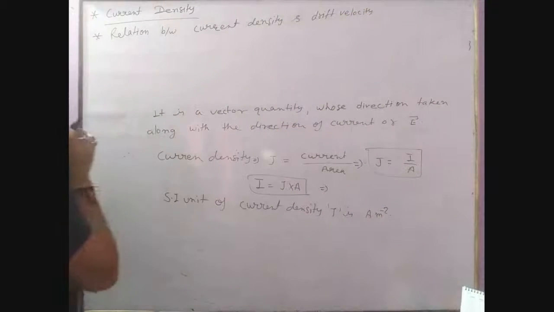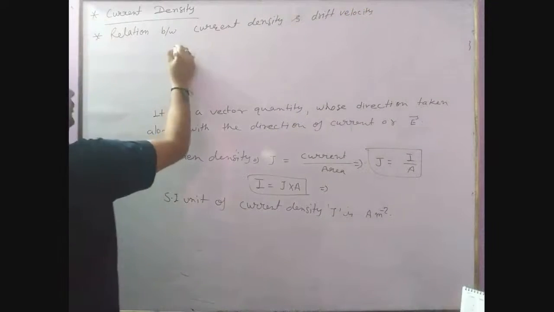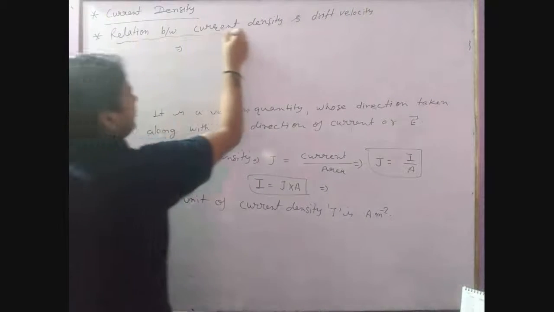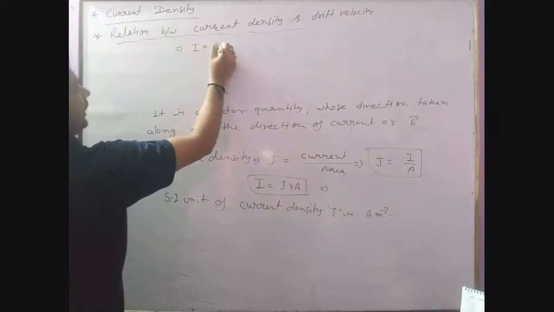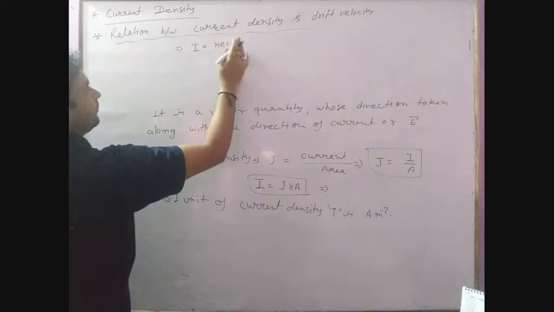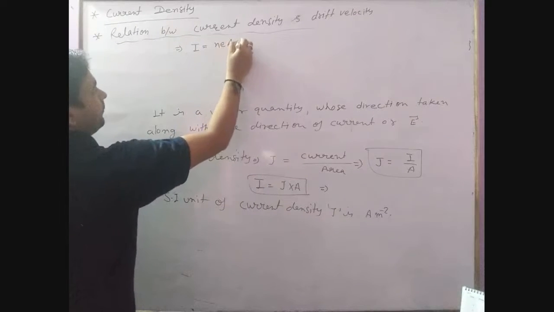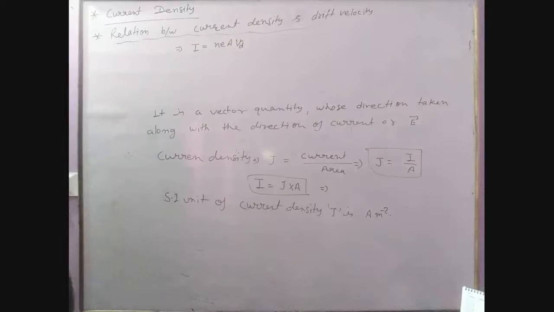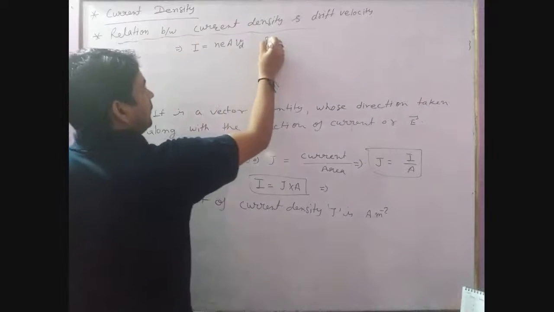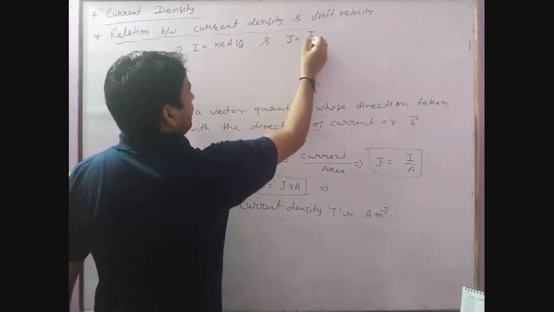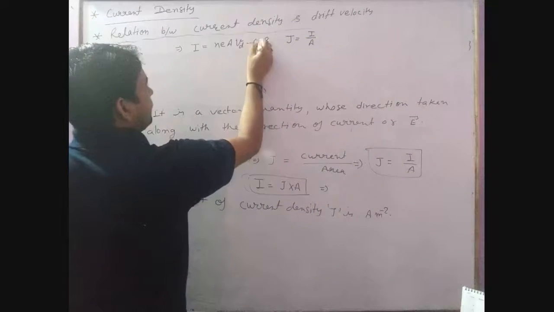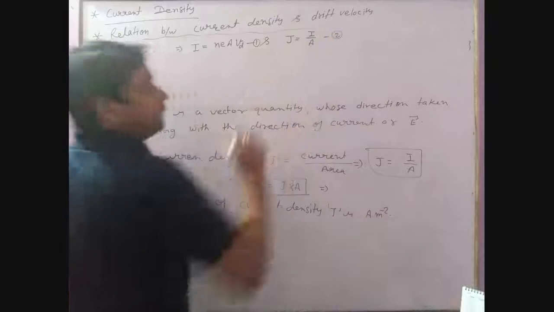As we know, the value of I is equal to nEA Vd, and the value of current density is I upon A. Let's say equation first and here is equation second.